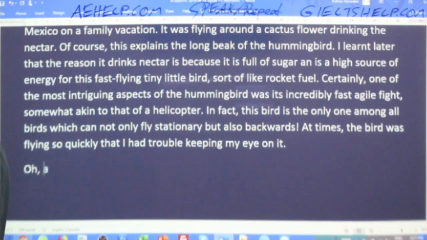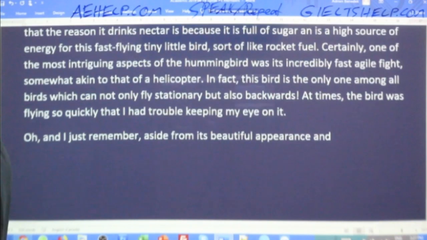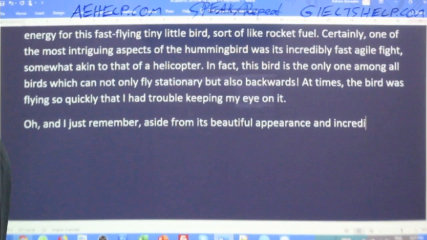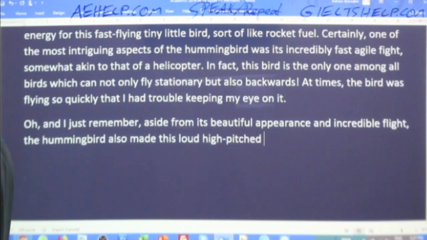Oh, and I just remembered, aside from its beautiful appearance and incredible flight, the hummingbird also made these loud, high-pitched chirps.